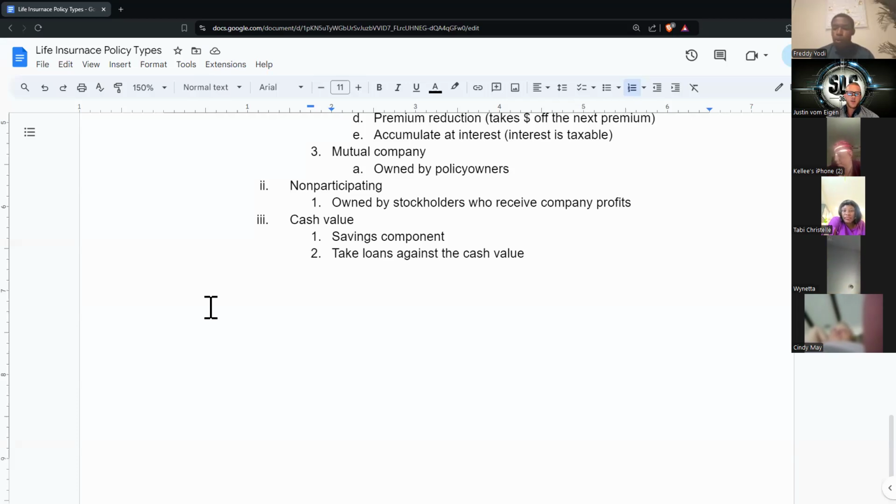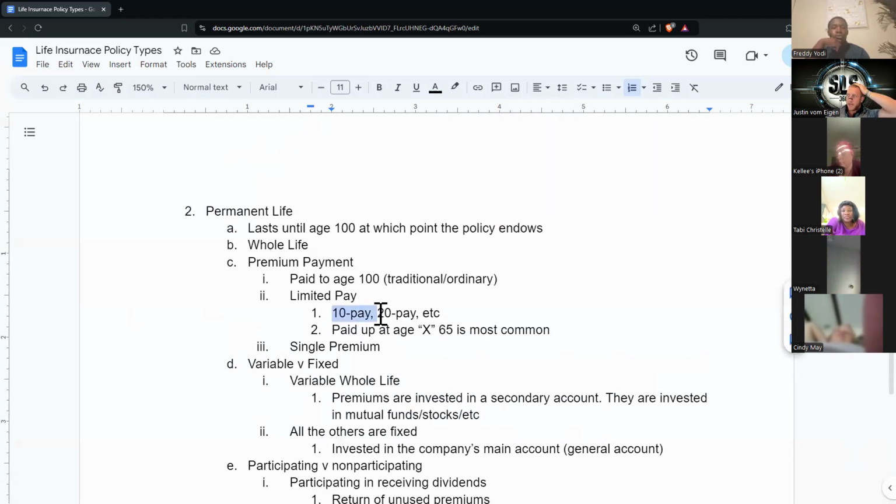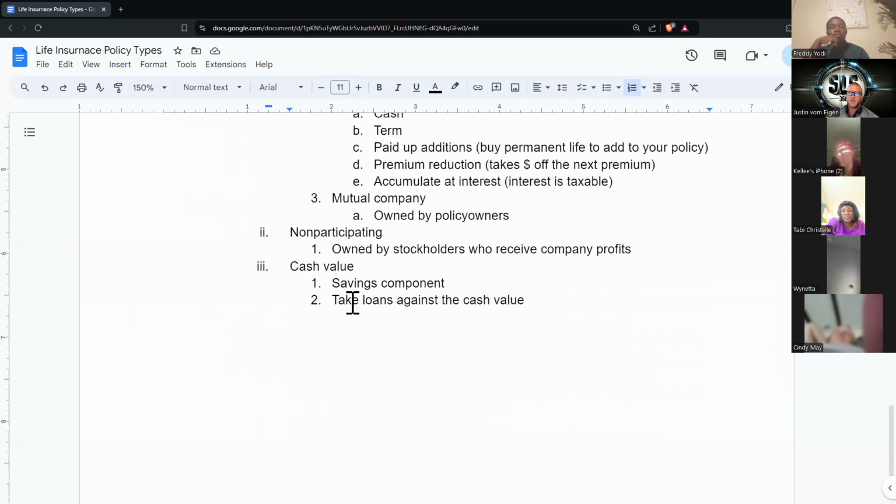The cash value increases over time. Usually you don't have cash value until after 2 years of having the policy, unless it's a single premium or a limited pay, like right here where you have 10 pay or single premium, then cash value is usually more immediate. The reason is that typically in the first 2 years, the insurance companies are paying commissions and expenses and everything else.